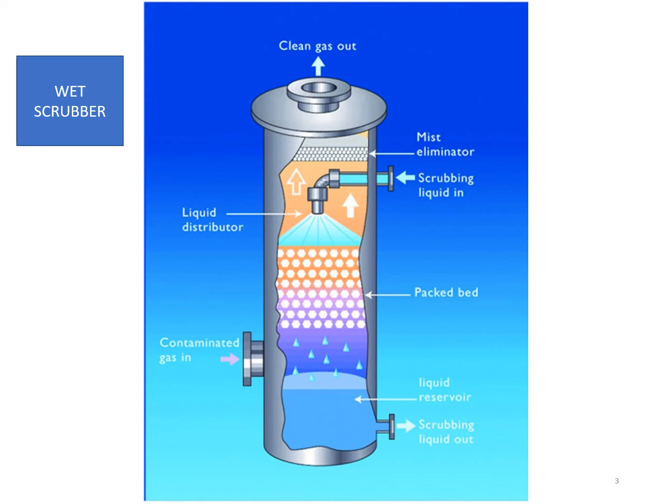And this contaminated gas, after coming in contact with the packed bed and the scrubbing liquid, gets purified and all those pollutants will be removed through the mist eliminator, and thus clean gas is obtained which will be passing out of this column from the top portion of this scrubber.